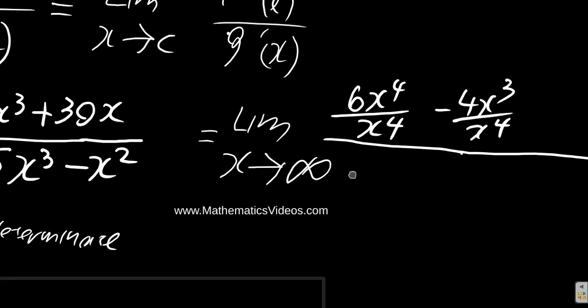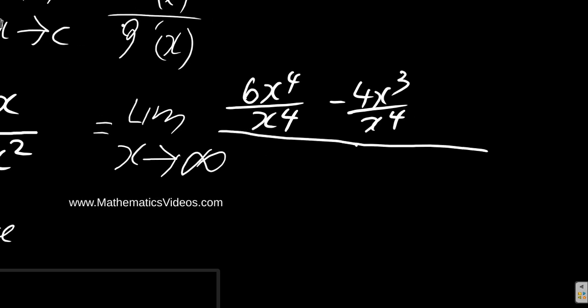Alright, so let's continue together then. Plus 30x divided by x to the fourth.